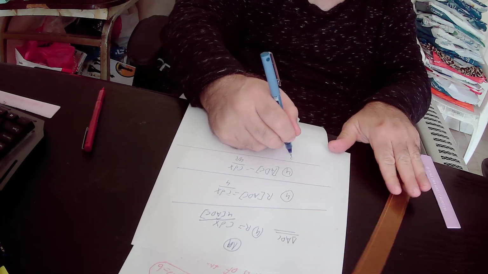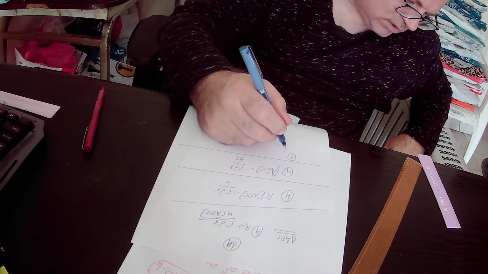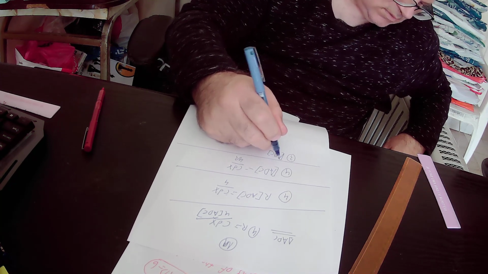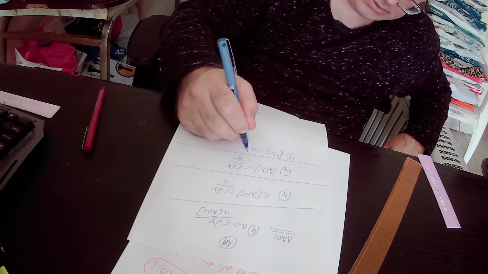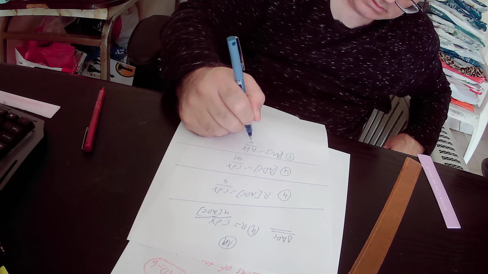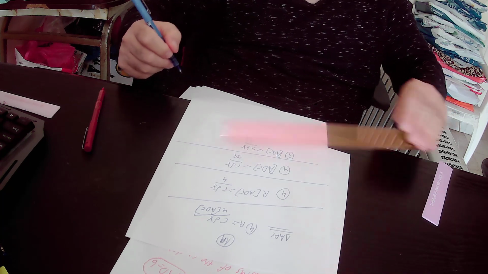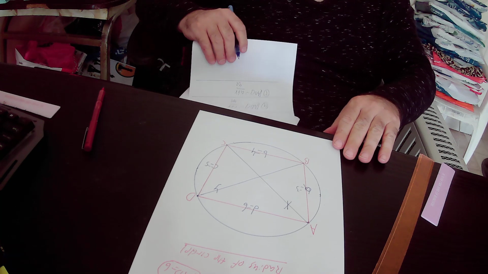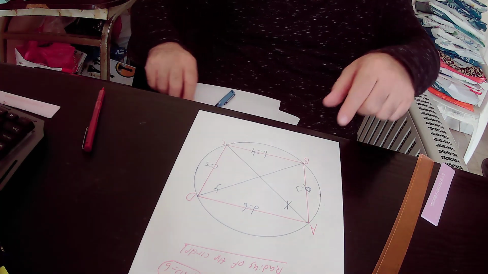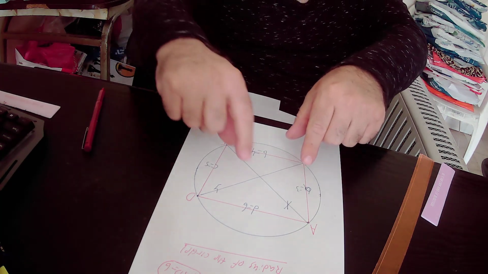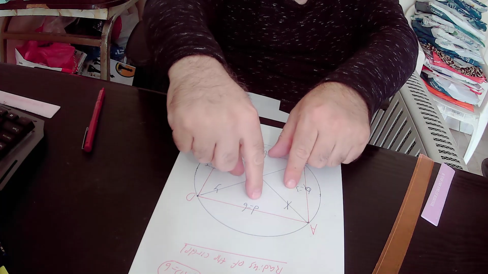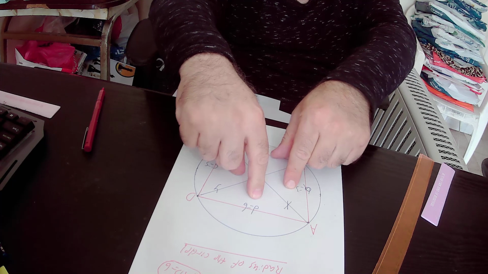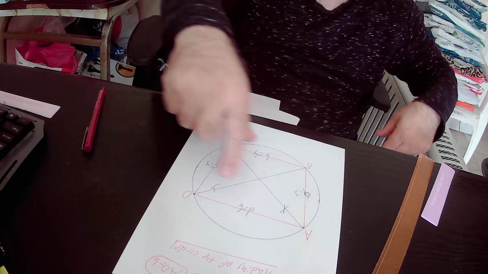And we also know that the area of triangle ABC equals ABX over 4R. As you can see from the drawing, if we combine triangle ABC with triangle ADC, we will get the quadrilateral ABCD.